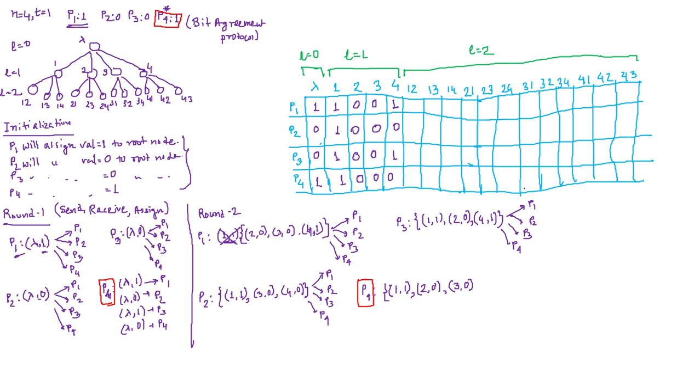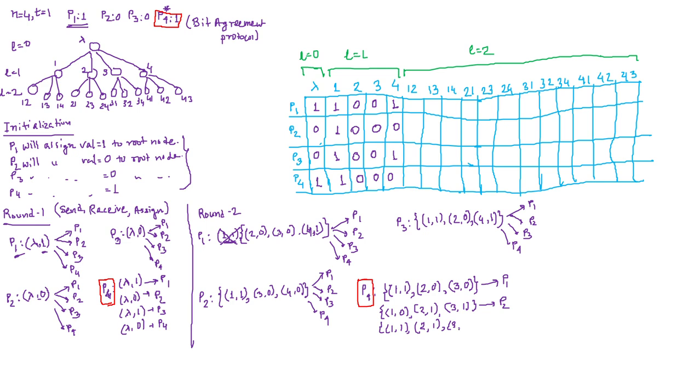Anyway, let's say this is the value it sends to P1, but it may not send the same value to everyone, so just randomly assume that it sends this to P2, and I am arbitrarily changing the values, right?